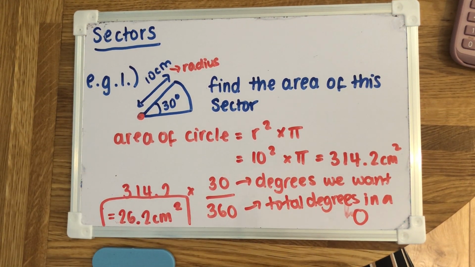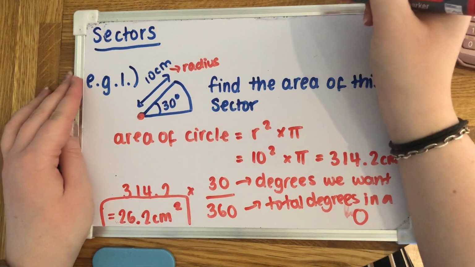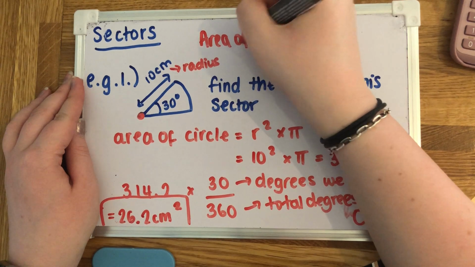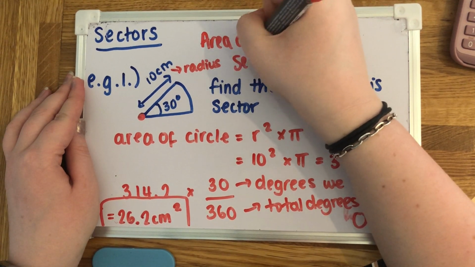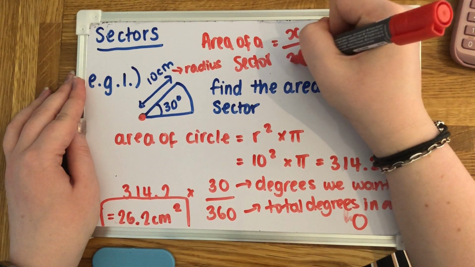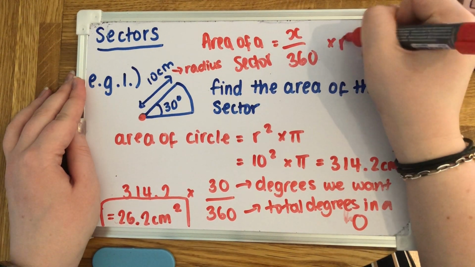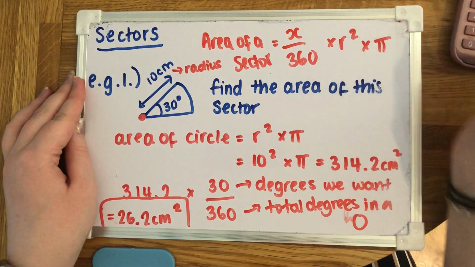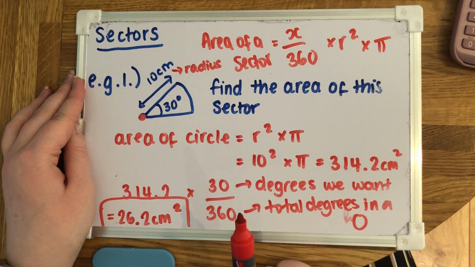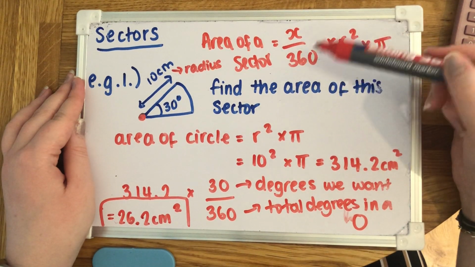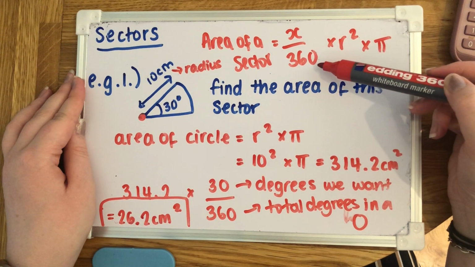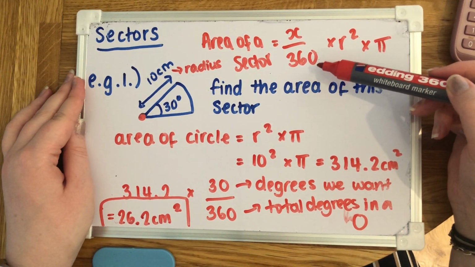Okay, so if you're someone that does like formulas, so the area of a sector. The r squared times pi is just the same bit as what we've got here, so that's just the area of the circle. This bit here is just the extra bit that we did at the end. So you always divide by 360 because there's 360 degrees in a whole circle.